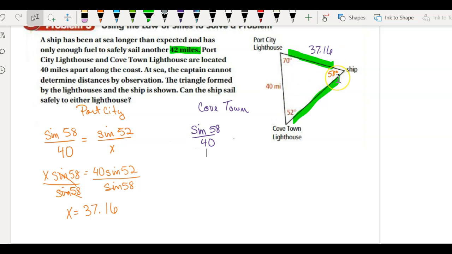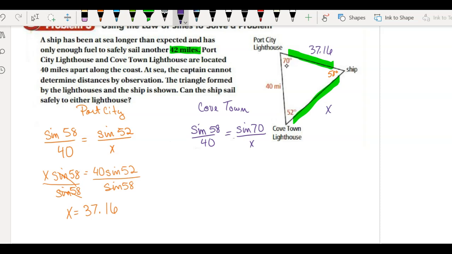So we're going to use what we know is 100% accurate, with no rounding error, which is what they give us: the 58 and the 40. So we're going to say that is equal to, now which side are we looking for? We're looking for this side. Which angle is opposite of this side? This one. So we're going to say the sine of 70, and we're going to call it x again, because now we're looking for this side.